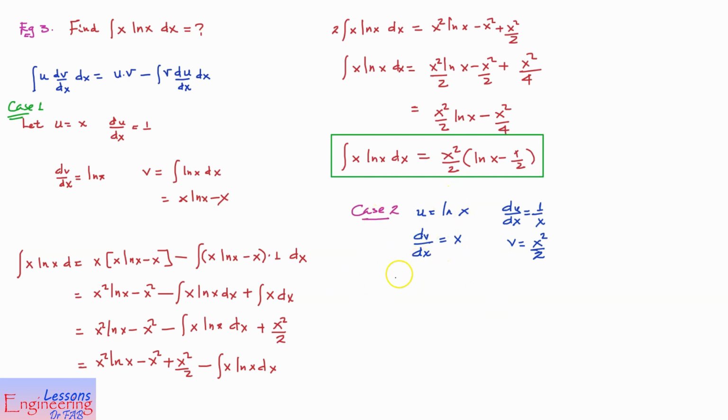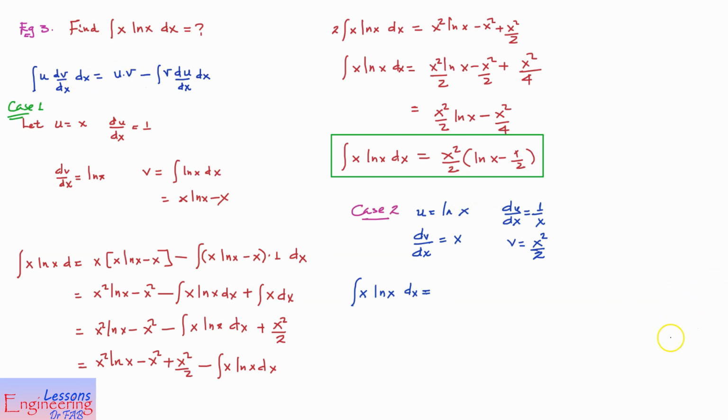Now let's do the same again. Okay, insert this in our integration by parts formula, which is the integral of x ln x dx. So this equals u times v.